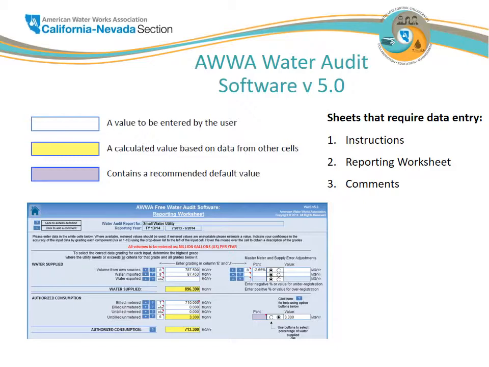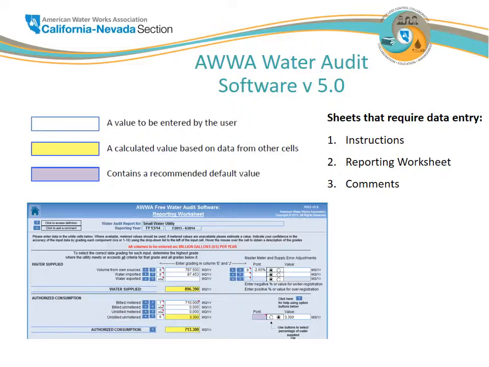That's going to ask for all these volumes, your input volumes and your authorized consumption volumes, some infrastructure figures, and some cost data. And then another sheet that is new to version 5.0 that requires your data entry is the comments sheet, where you get an opportunity to narrate how you went about determining those volumes and any other thoughts that are helpful to the process of documenting your work and qualifying your water audit results.